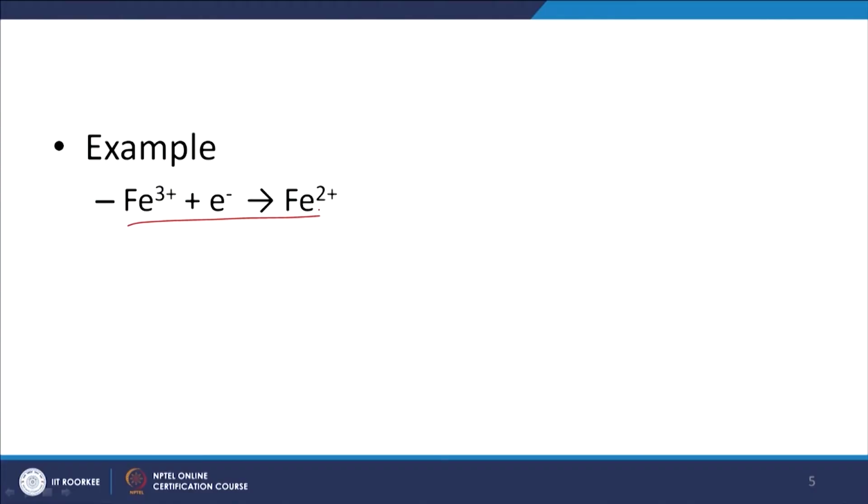Now we are going to look at a couple of examples. For this case, let us try to understand how to write the relevant expressions. Obviously, Pe will be equal to Pe naught minus 1 by n, where n is the number of electrons being transferred, here it is only 1, into log q dash.